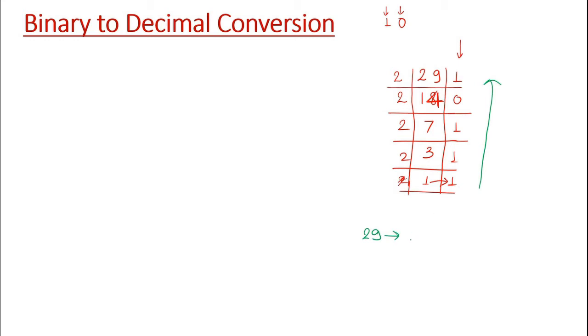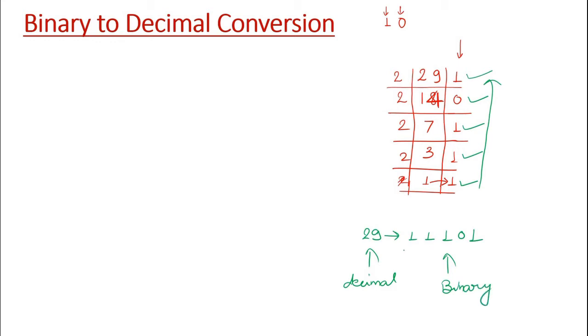Starting from the bottom, that is 1, 1, 1, then 0 and then 1. So this is the binary conversion of 29. So 29 is our decimal number here, and this is our binary number.